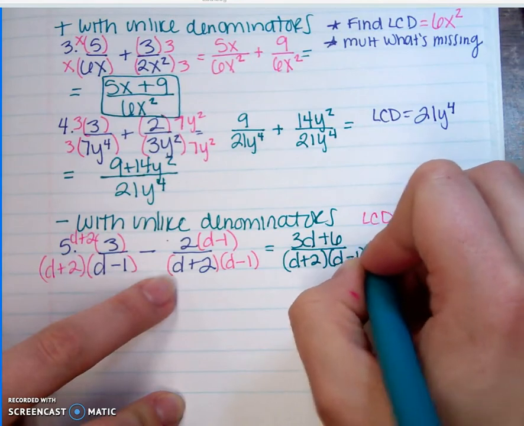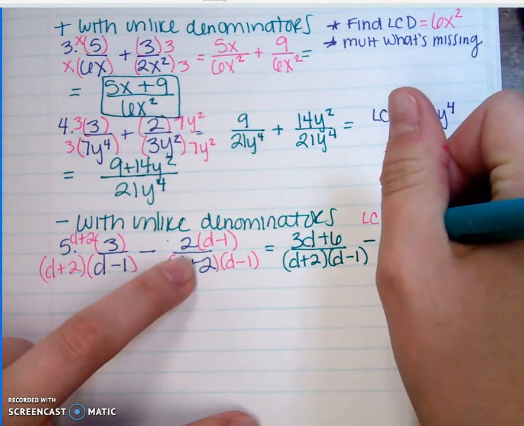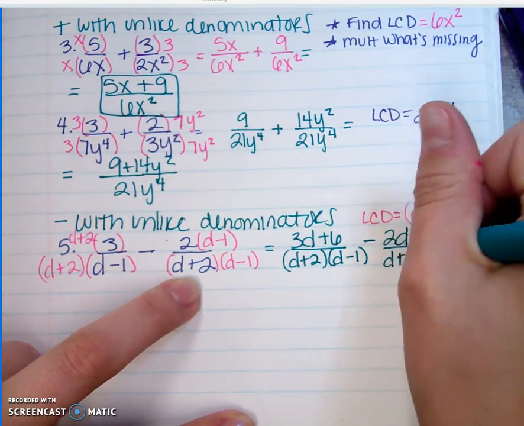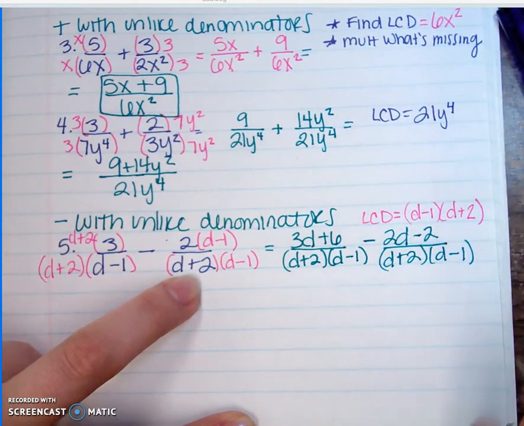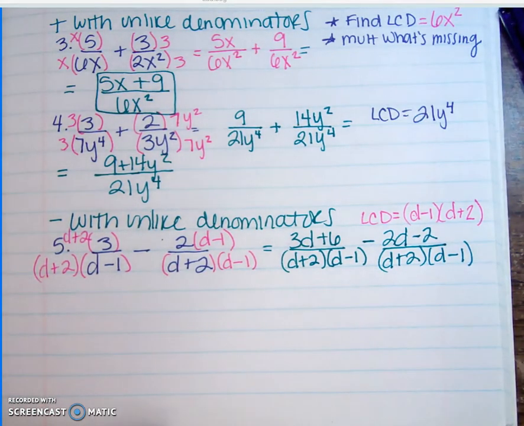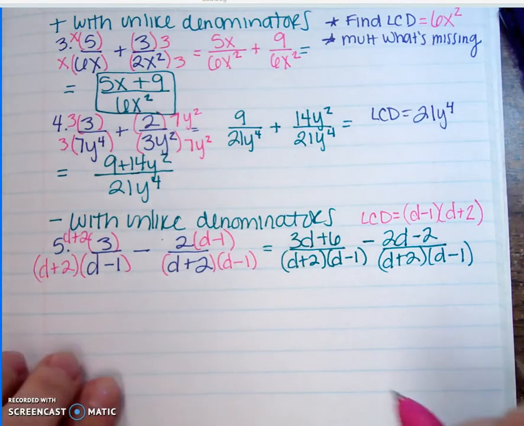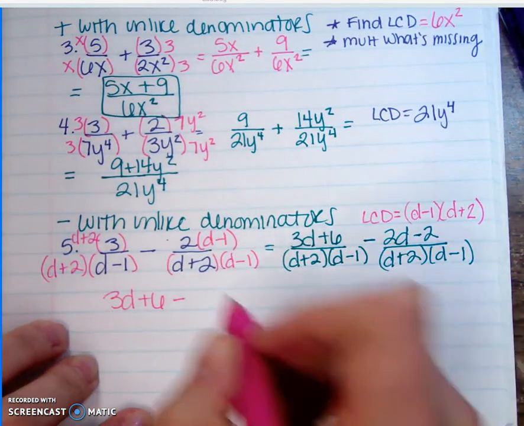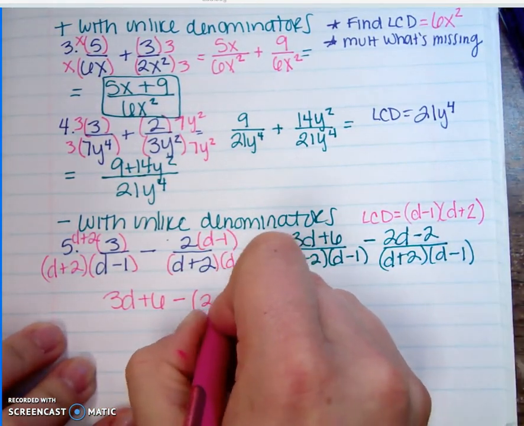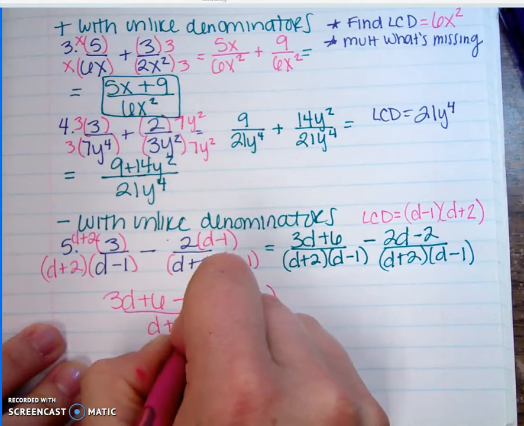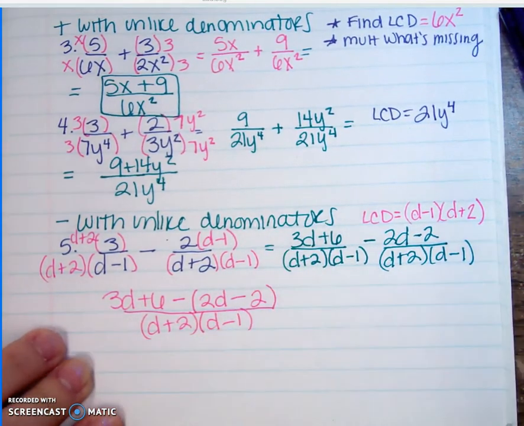And I'm subtracting 2 times d minus 1, distribute again, 2d minus 2 over d plus 2, d minus 1. So I have a common denominator, just like I did before with my like denominators. I wrote them together but left that second part in parentheses. So 3d plus 6 minus parentheses, the 2d minus 2, all over d plus 2, d minus 1.